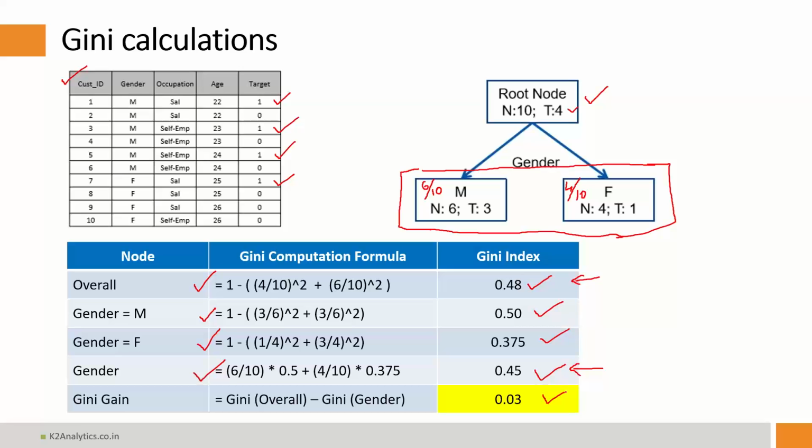This Gini gain which we have calculated for gender has to be compared with the Gini gain that we will get for occupation, and with the Gini gain that we will get for age. Based on that relative comparison we'll have to conclude which variable, gender, occupation or age, is the strongest predictor variable at the given node level.